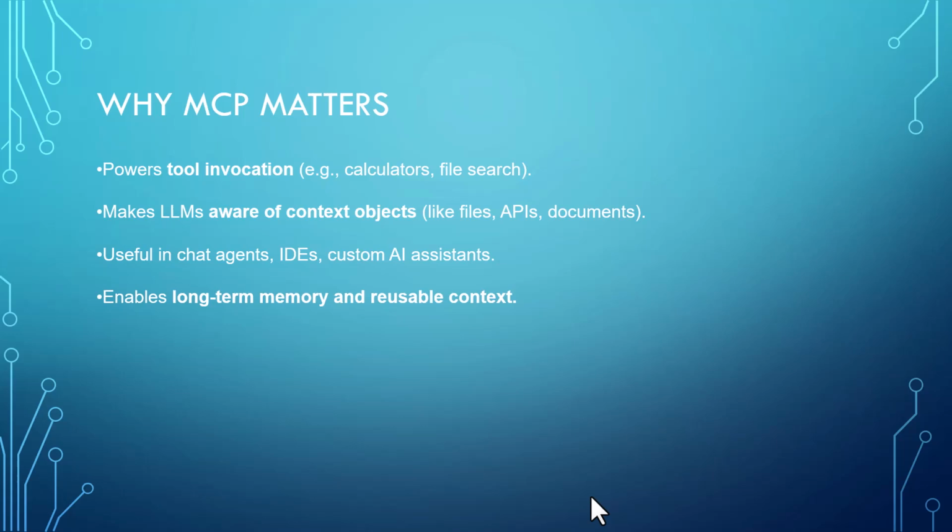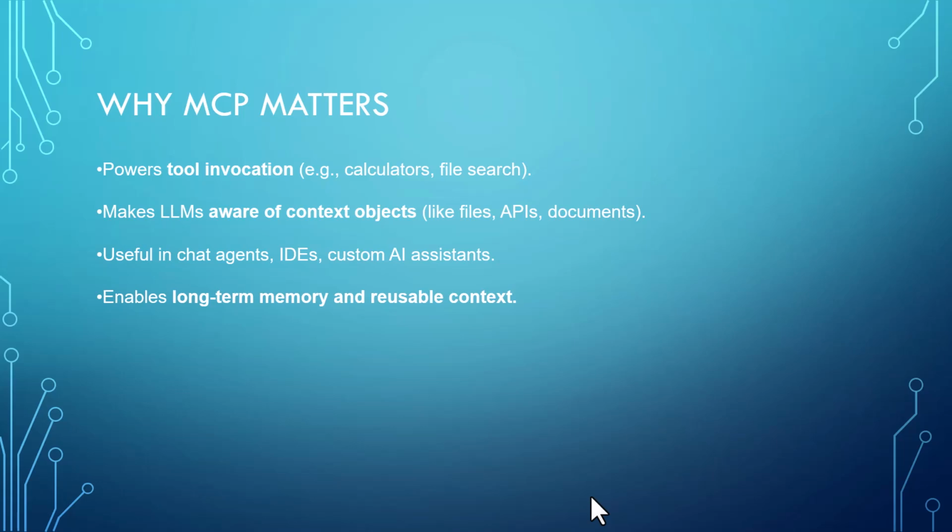Why MCP matters? MCP is mainly used for invoking tools, for example, file search or database search, launching certain jobs, even infrastructure jobs, like creating databases or creating anything on a cloud provider, as long as there is API access to it. It also makes the LLM aware of the context object.